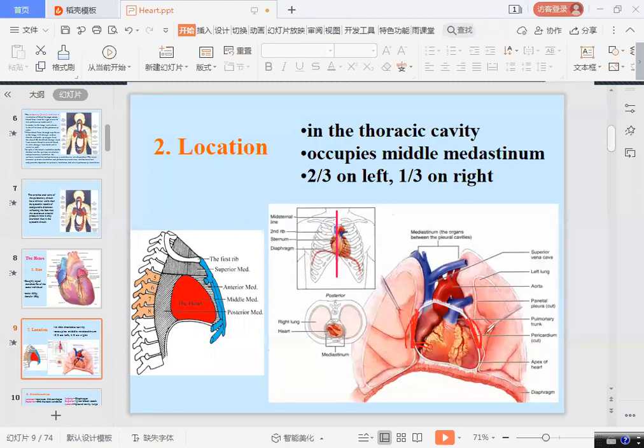Both pulmonary surfaces are convex and broad, while the left is made up by the left ventricle, and the right is made up of the right atrium and the right ventricle. So these are the pulmonary surfaces of the heart.